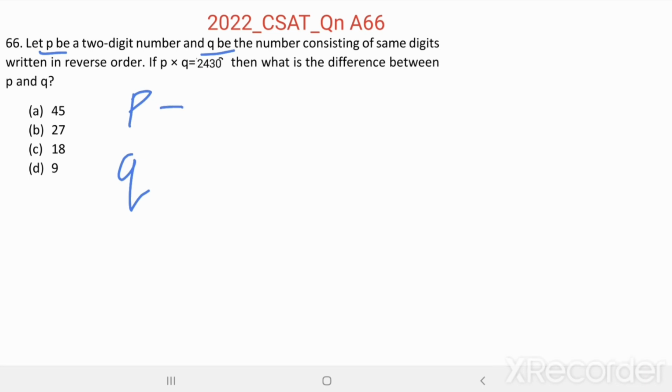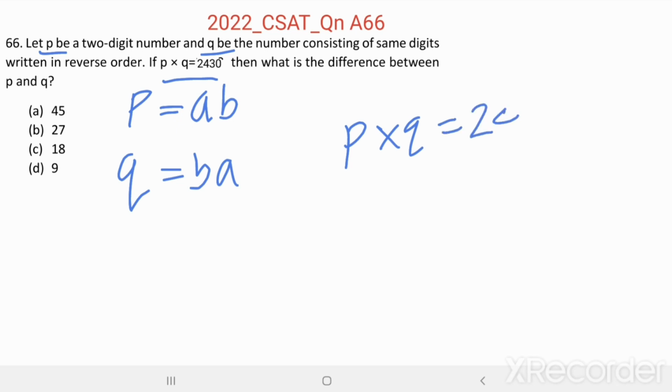That means if P is formed by digits A and B, then Q equals B A.